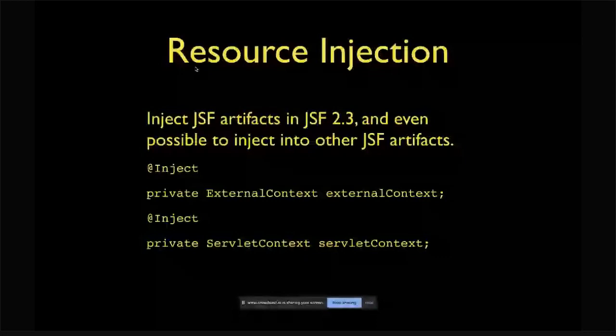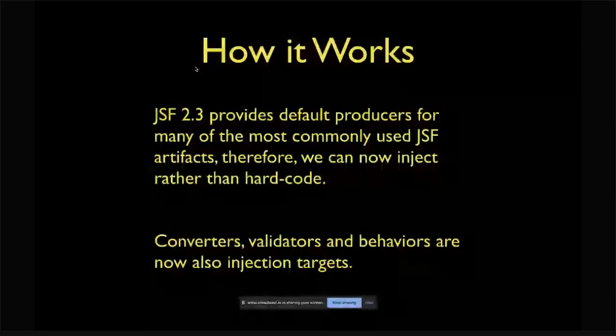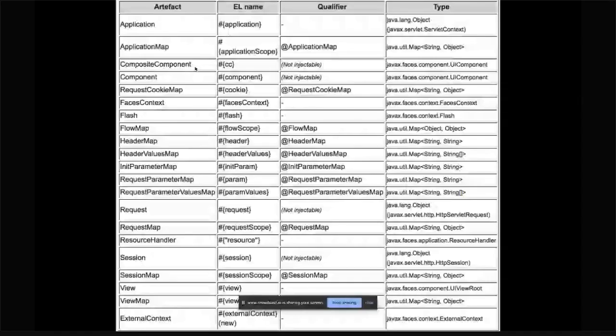That works by JSF 2.3 providing default producers for many of the most commonly used JSF artifacts. Another benefit is that custom converters and validators are now injection targets as well, so you can inject into those too. Here's a quick screenshot of some of the different artifacts that can be injected into your CDI beans.